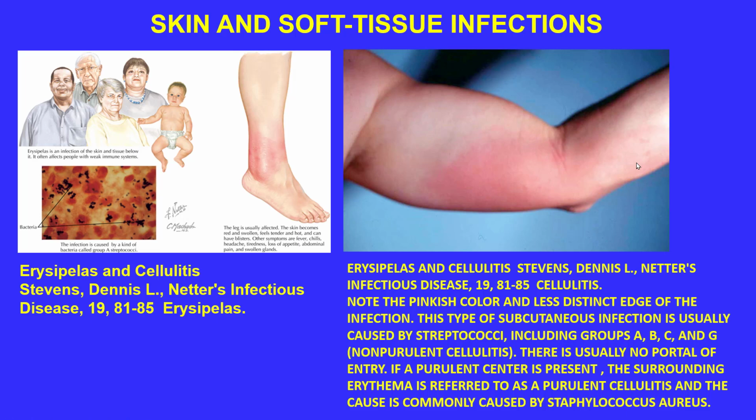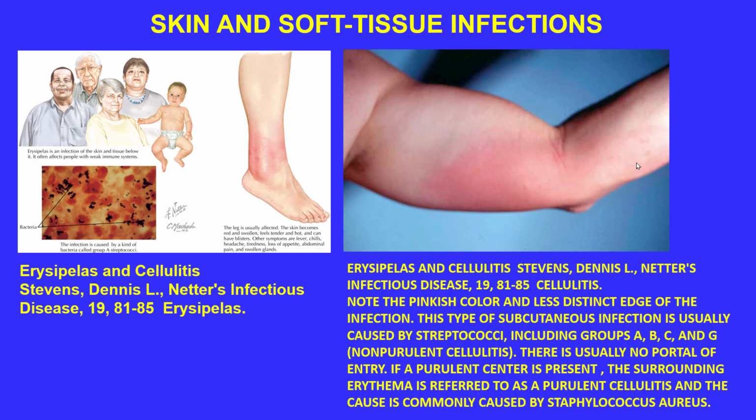This is a type of subcutaneous infection that is usually caused by streptococci, and the different types are groups of them, A, B, C, and G, non-purulent cellulitis. So in other words, this is one that's not going to create pus.